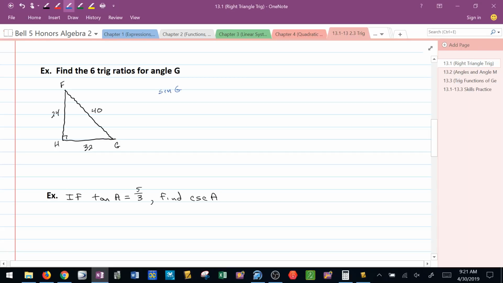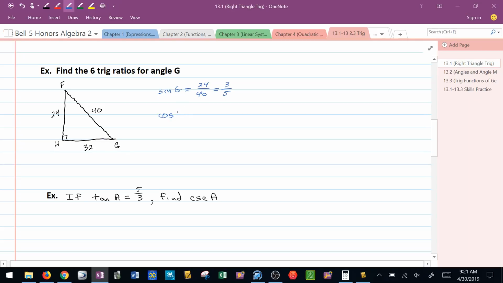I know that the sine of G is opposite over hypotenuse. I can reduce that fraction, so I go ahead and do so. All right, I know, let's see, 8 goes into both of those, so that would be 3/5. I know that the cosine of G, not theta, sorry.